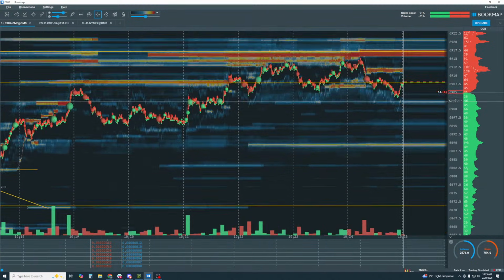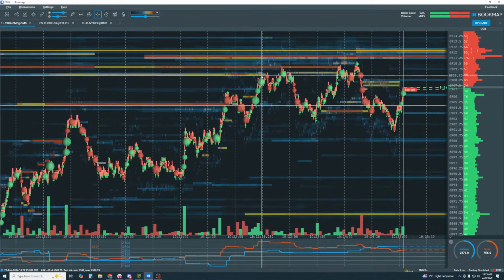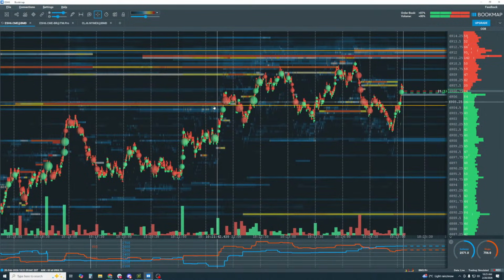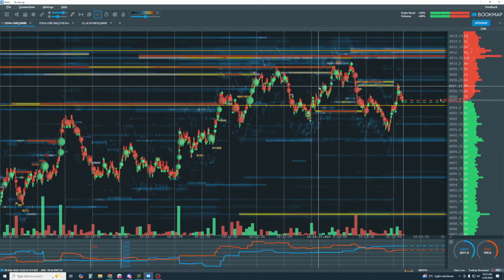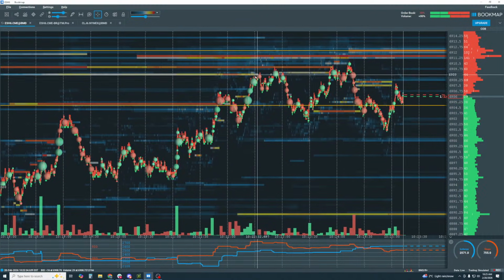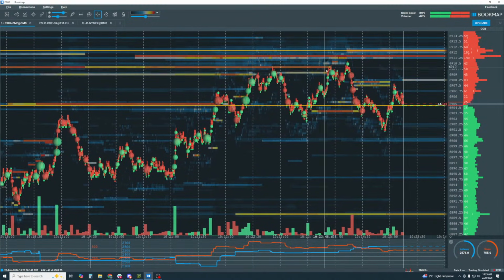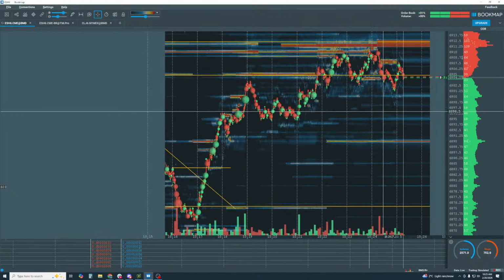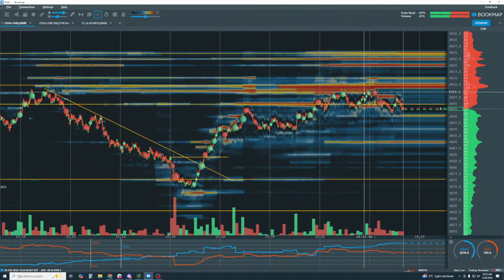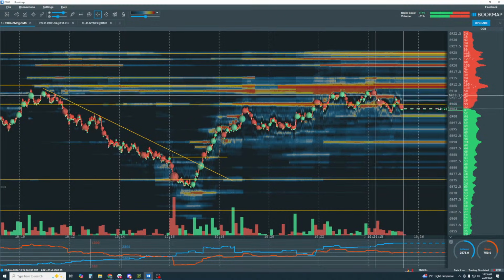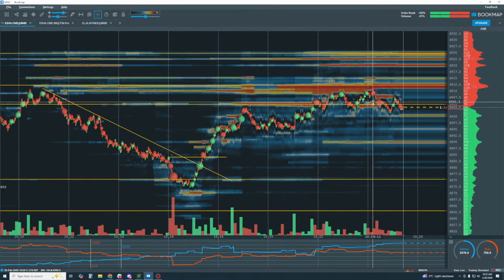I want to see this relationship between the passive accumulation and aggressive accumulation. Right now I don't see a whole lot of passive accumulation. It's trading up into these levels, but I see a lot of it kind of pulled. Some of it doesn't trade, but I am seeing aggressive accumulation here.